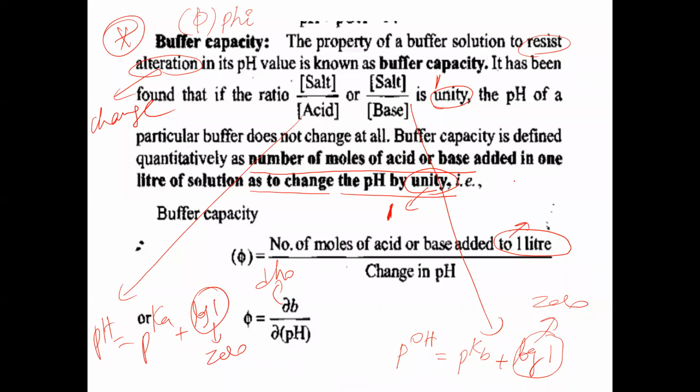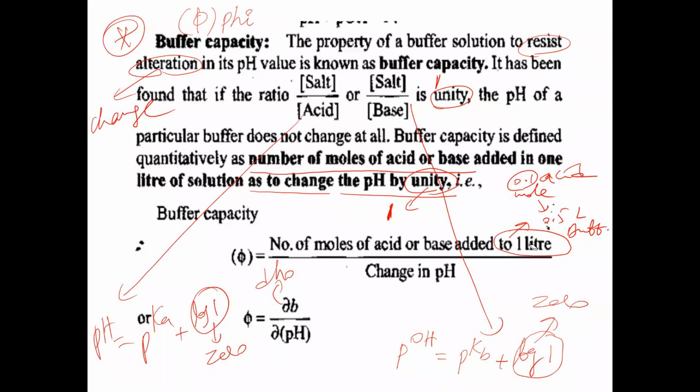Suppose 0.1 mole of acid is added to 0.5 liters of buffer, that is, half a liter. But in the formula, how many liters should be taken?